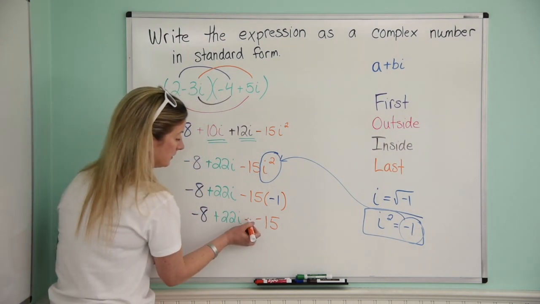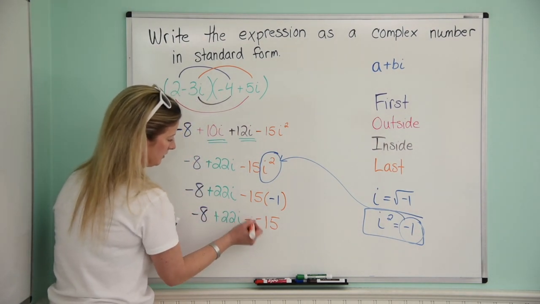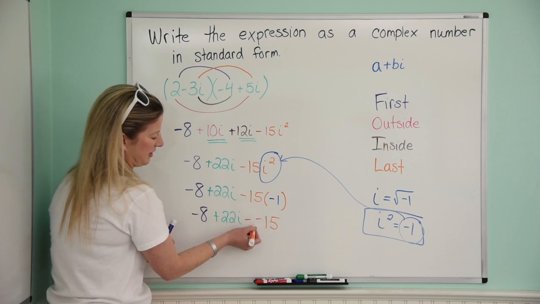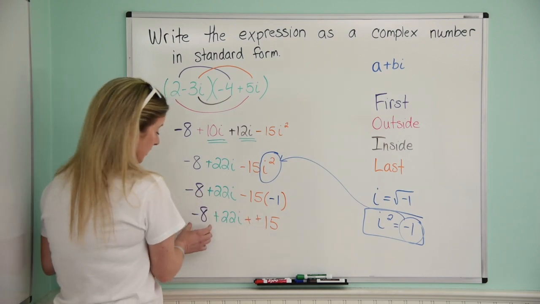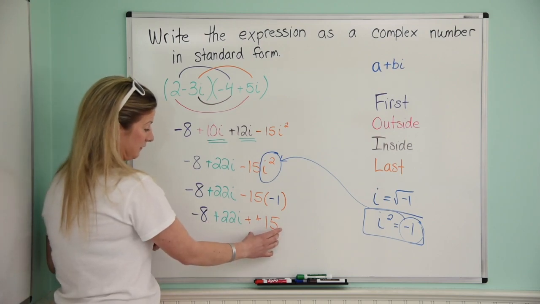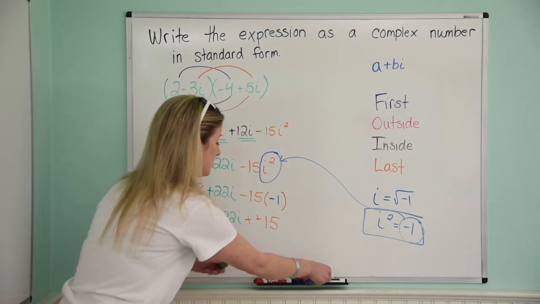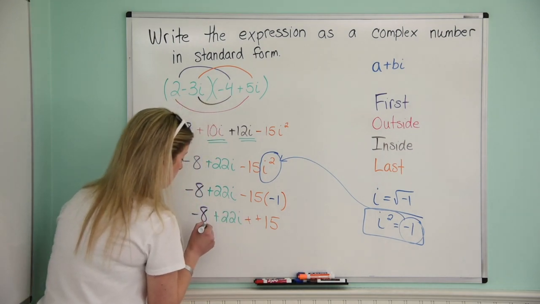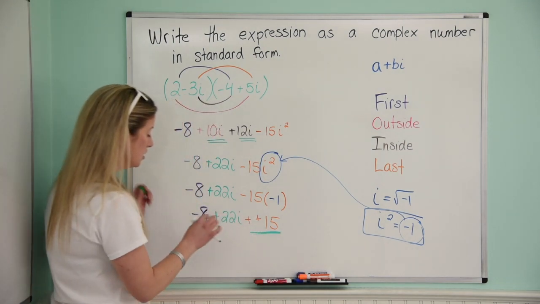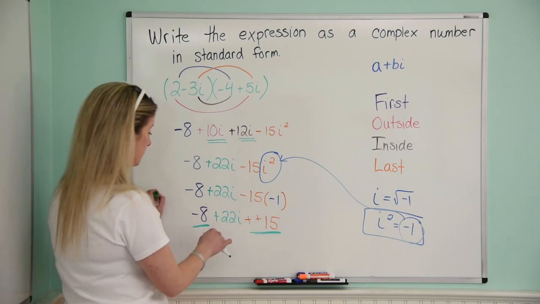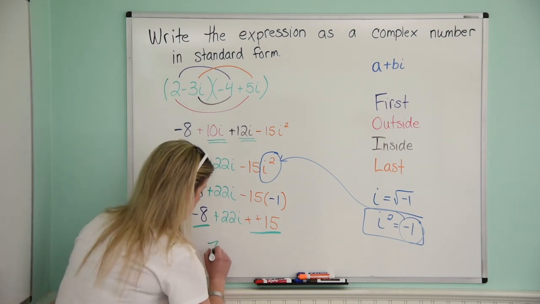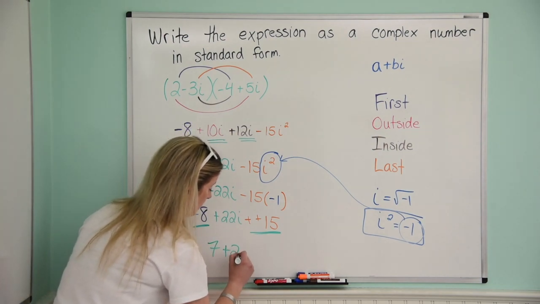So then that becomes plus. Some teachers put it in as a plus, or they do plus the positive, whatever you want to do. So now look at this. We've got a negative 8 and a positive 15. So we can combine like terms right there. I'm going to use the green again because that's what we originally started with. So negative 8 plus 15 is going to be 7. And then we have plus 22i.